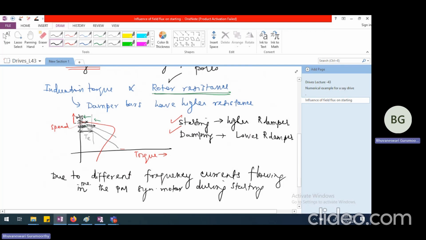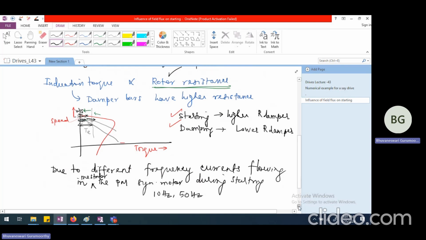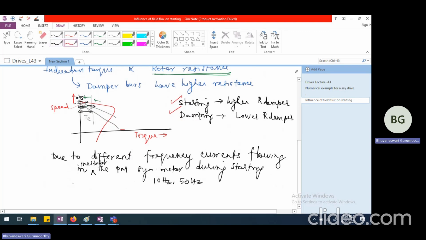What we mean is, in the stator winding there are going to be multiple frequency induced EMFs, and that is going to cause various frequency currents, something like 10 hertz, 20 hertz, and 50 hertz, and all of them are going to flow. So we will have several frequency components of torque.